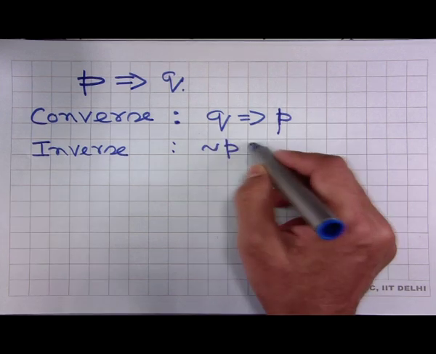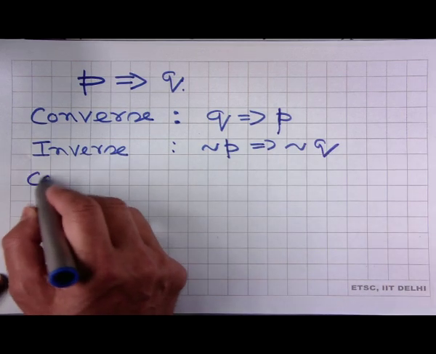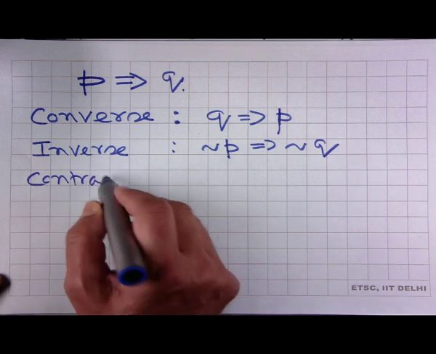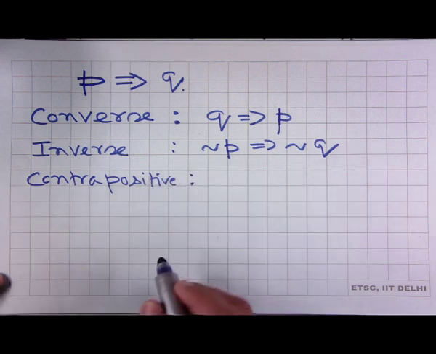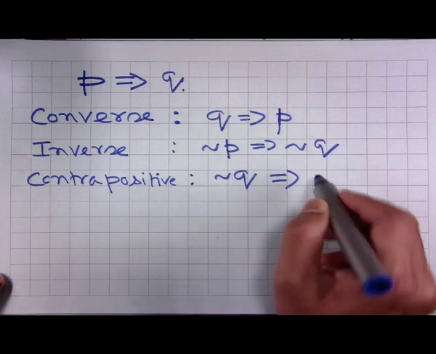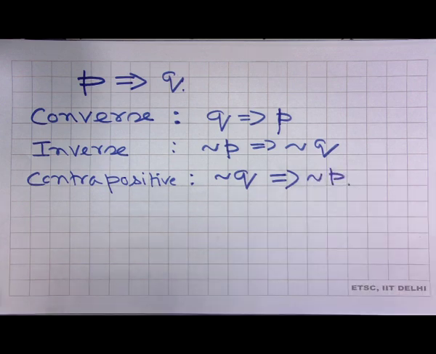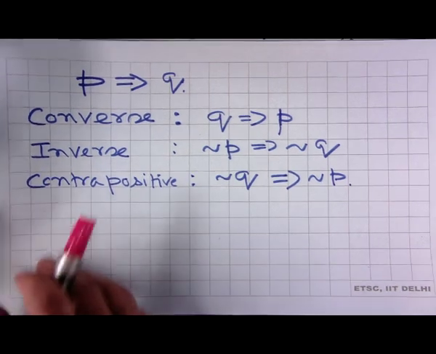Negation of P implies negation of Q, and contrapositive is negation of Q implies negation of P. This appears to be a little bit abstract, but when I explain it with some real life example, it will be clear.